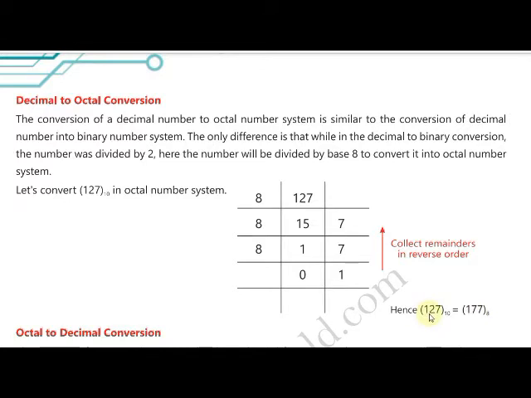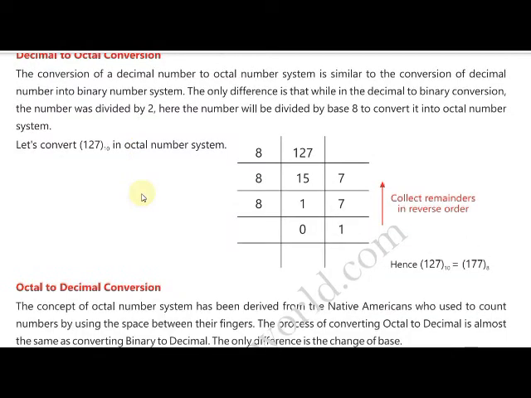So octal represents 127 as 177. That means for 127, in octal there is 177. So this is the conversion of decimal to octal.